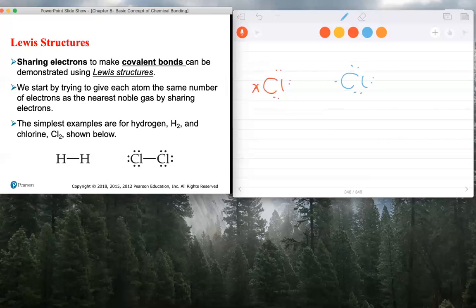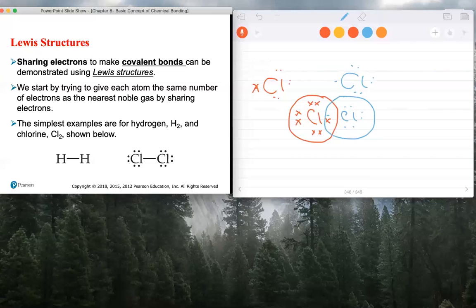The 2 atoms will share, so each one of them is sharing the 2 electrons.